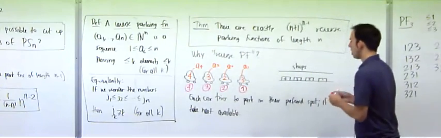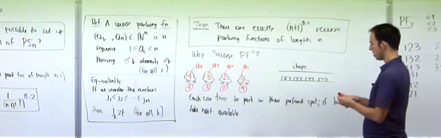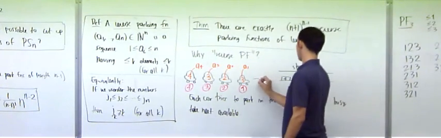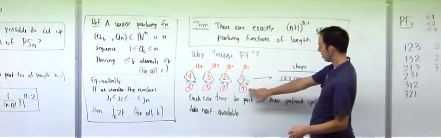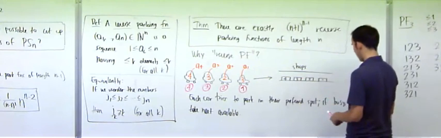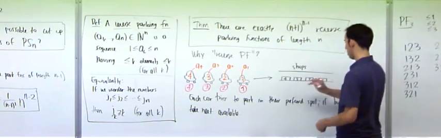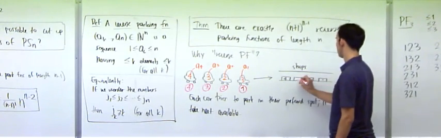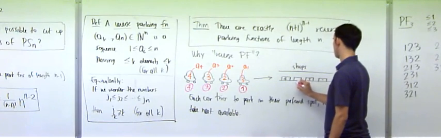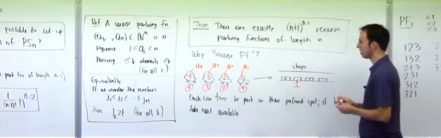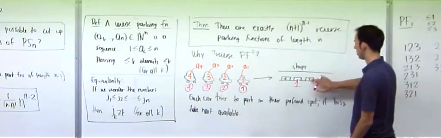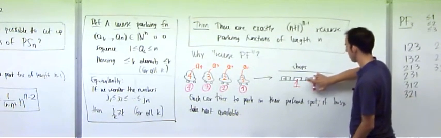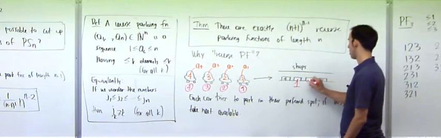So then the cars come in. And what happens? Let's see. Car number 1 goes to spot 3 and takes it. Then car 2 tries to park at spot 2, and it succeeds.